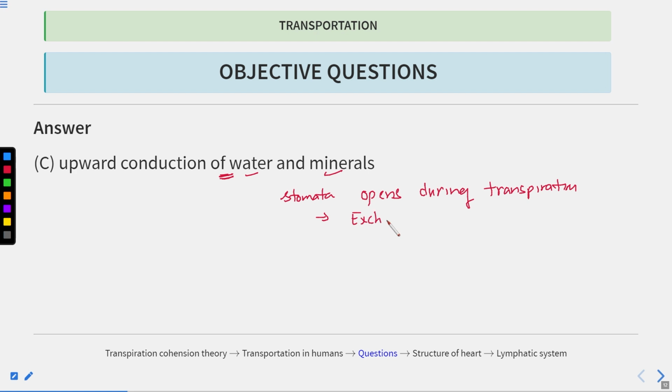Exchange of gases will take place, but there is no absorption, you can say, of carbon dioxide or release of oxygen. So mainly what happens due to the transpiration, upward conduction of water and minerals takes place.